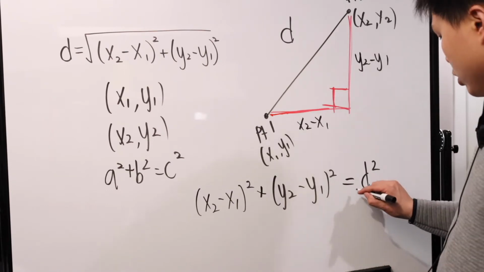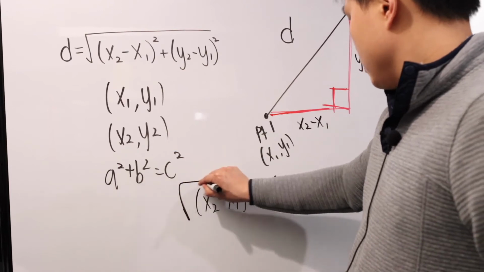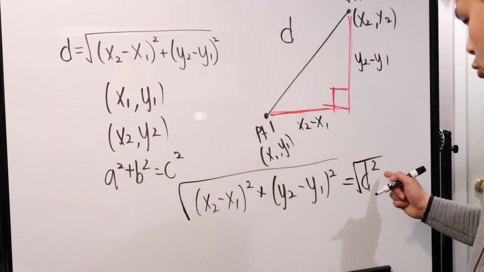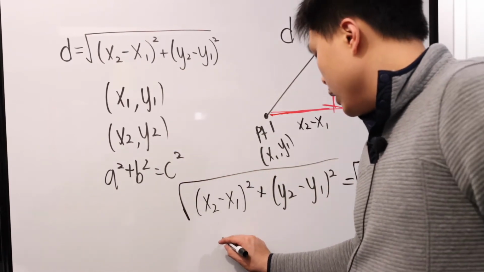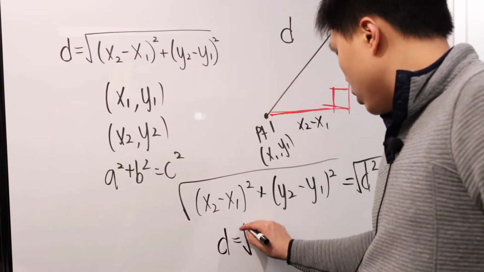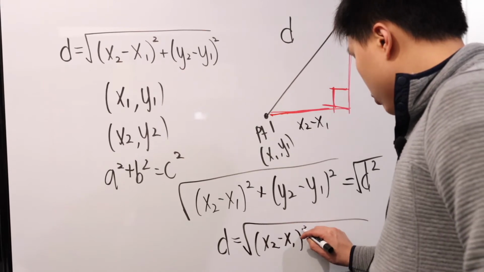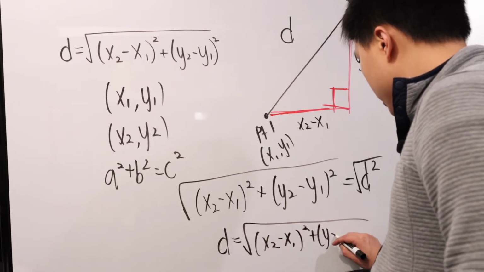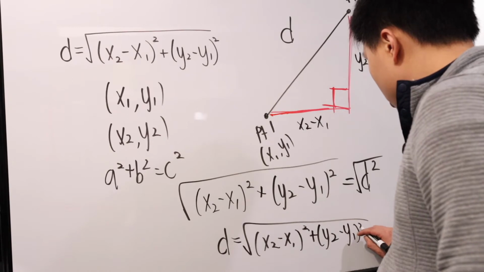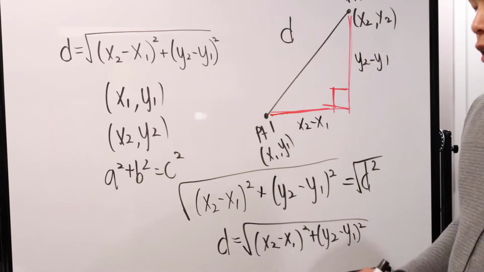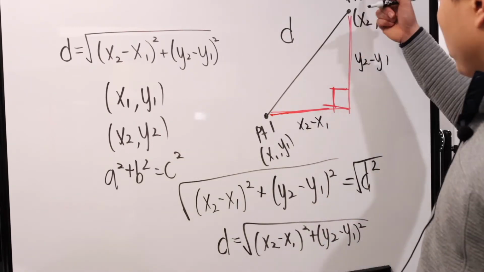So what we're going to do is square root both sides. When you square root both sides, the square root and the square cancel. So what you have now is just d equals the square root of x2 minus x1 squared plus y2 minus y1 squared.